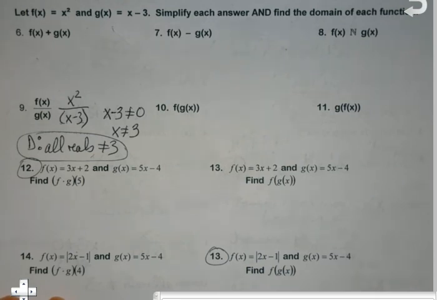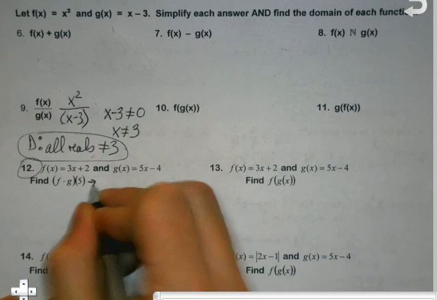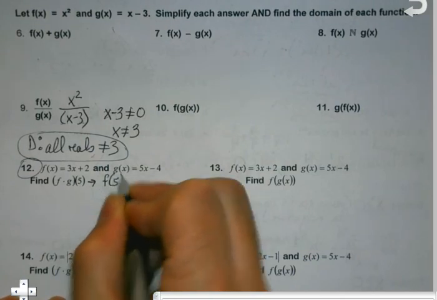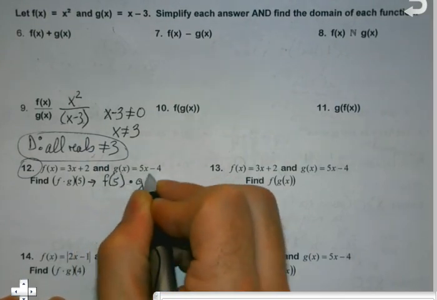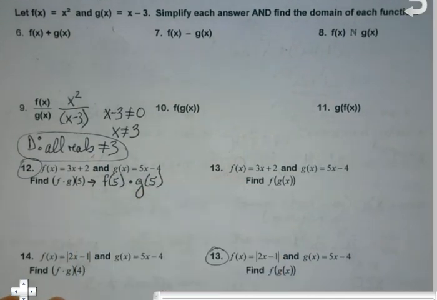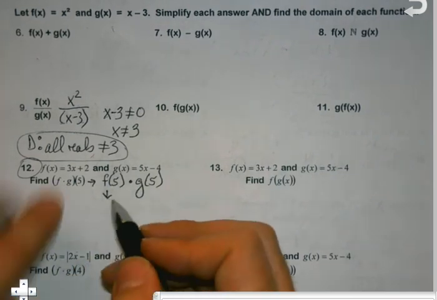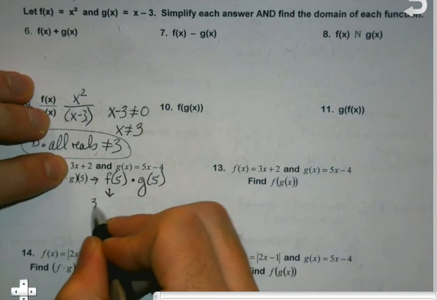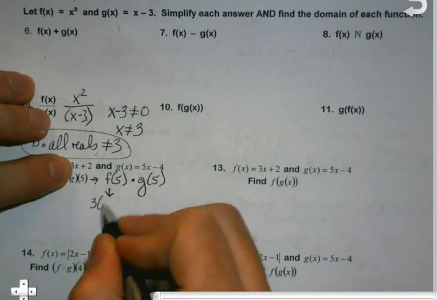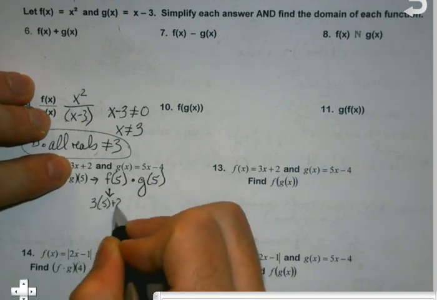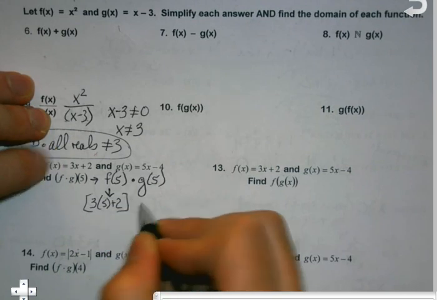F times g of 5 is actually just f of 5 times g of 5. So what I'm going to do is I'm literally going to just plug that number in for each of my functions. So here, for instance, f of 5 is just going to be 3 times x, where x is what's in the parentheses, plus 2. I'm just going to kind of bracket that off here.